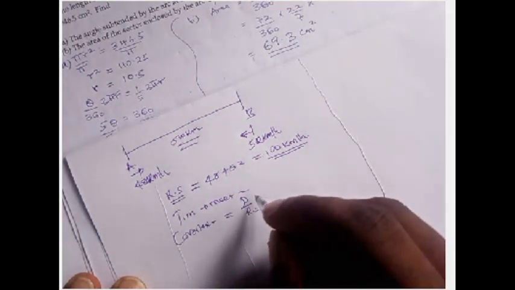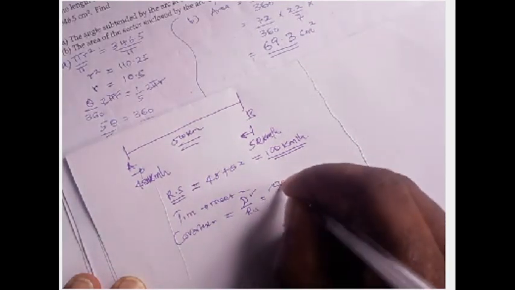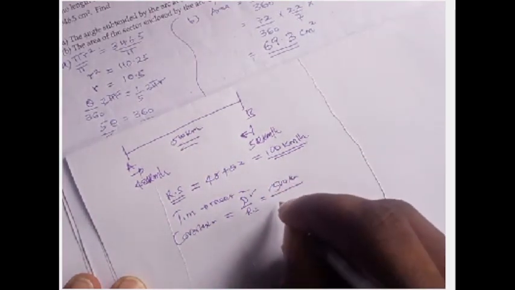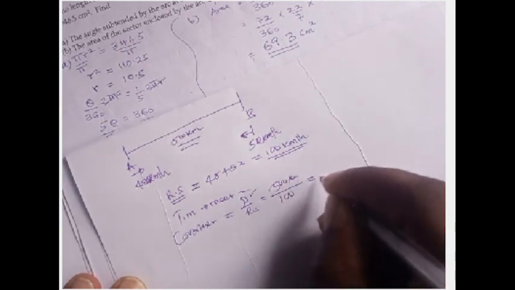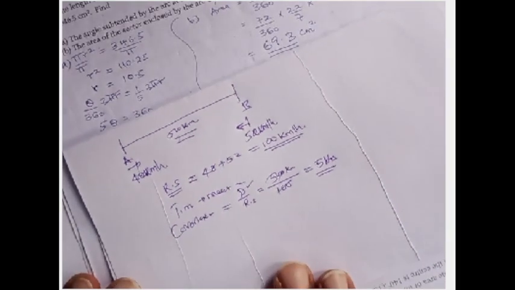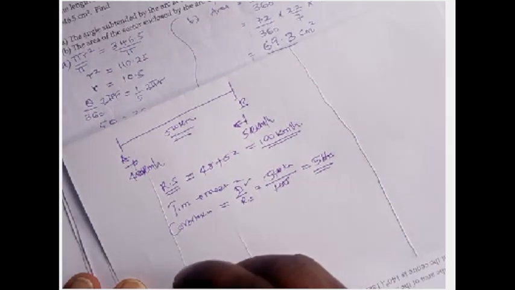This distance is the distance when the two trains started moving, which is 500 kilometers divided by relative speed of 100. So this one gives us 5 hours. So the two trains will meet after 5 hours.